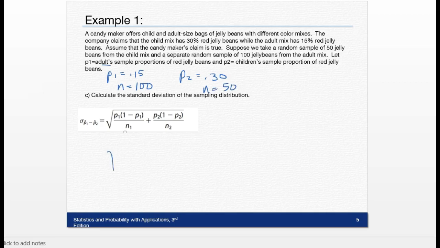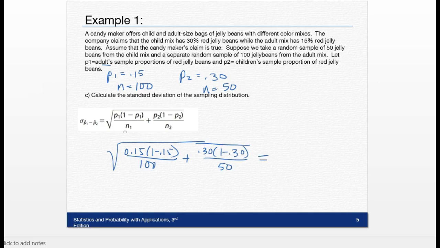So I show my work: 0.15 times 1 minus 0.15, all of that over 100, plus 0.30 times 1 minus 0.30, all of that over 50. Be careful when you're putting it in your calculator. There are a lot of places you could mess up, but don't let it. Just take it step by step, and you'll get it just fine.